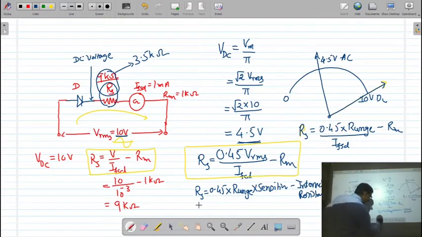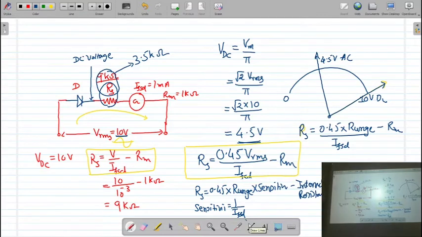What is sensitivity? Sensitivity is 1 upon IFSD, the full scale deflection current. Reciprocal of the full scale deflection current is called the sensitivity of the meter.